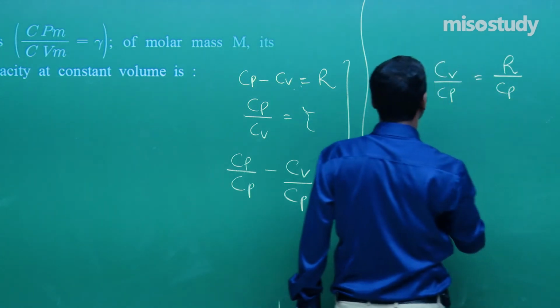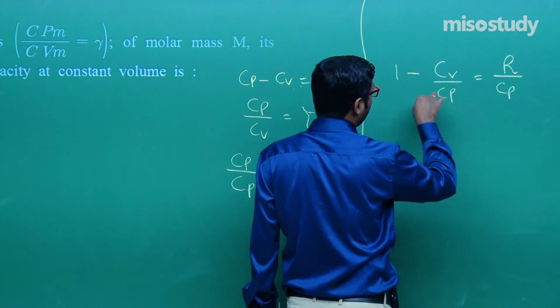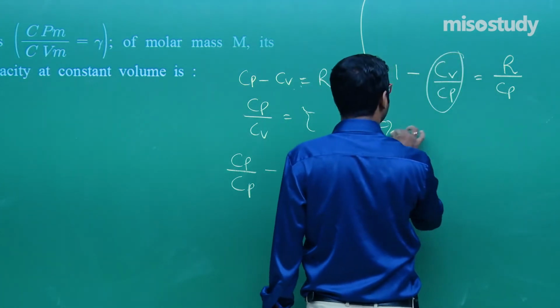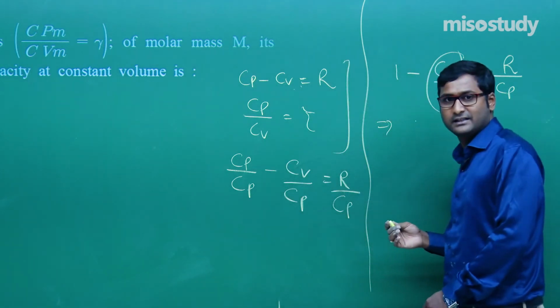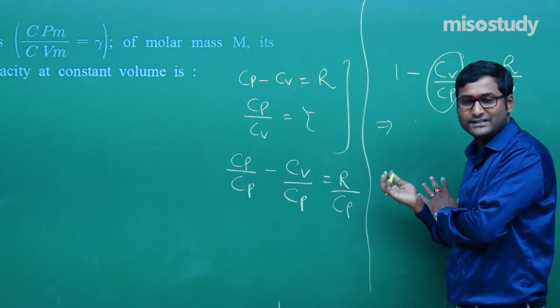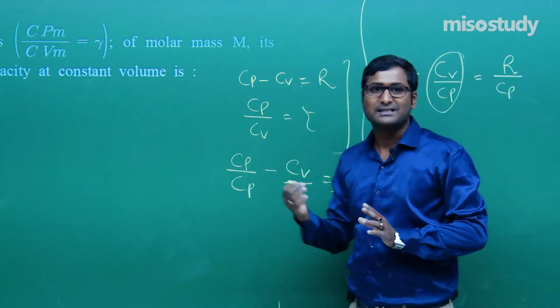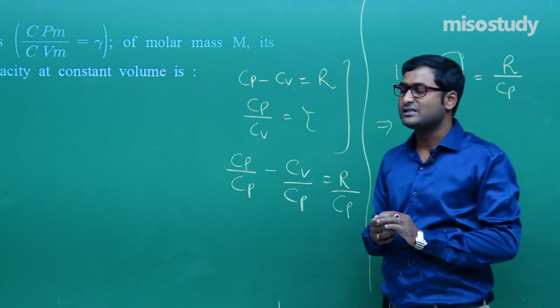Clear? Now we know Cv upon Cp, and we can write it as Cp upon Cv. If we take the reciprocal, we again get the relation: Cv is equal to R upon gamma minus 1, and Cp is R gamma upon gamma minus 1. This is very simple.